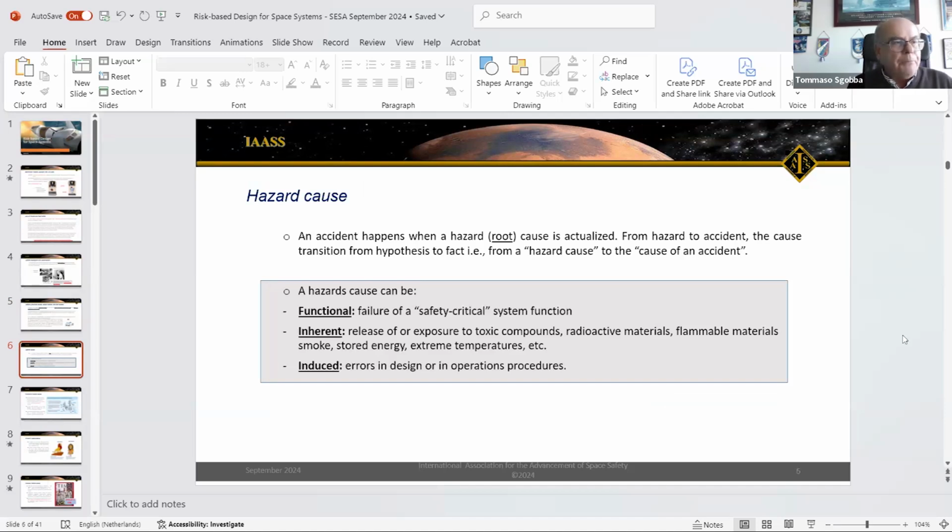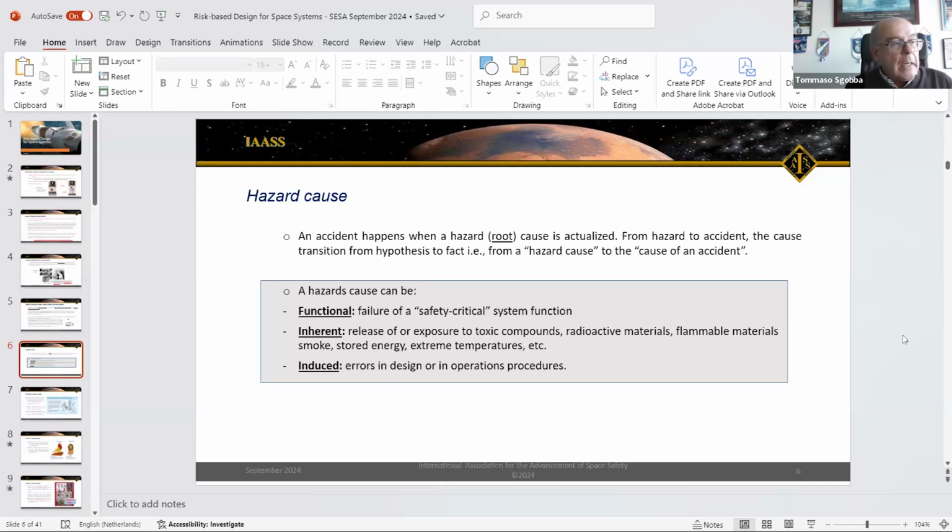However, it is useful to differentiate different types of hazard causes. The ones that we have to identify and mitigate are of three kinds: functional, inherent, and induced.